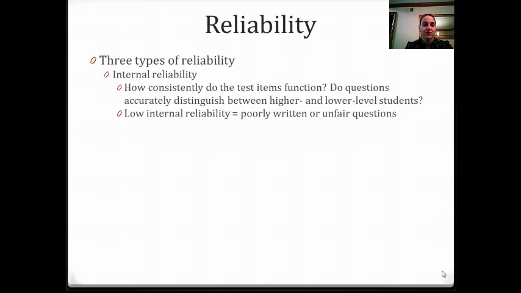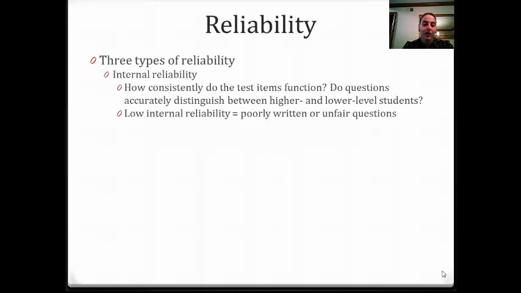So that first way is internal reliability, where you have to think about how consistently the test items function. You've likely encountered poorly written or simply bad questions on a test. Questions that even the most prepared students may not be able to answer correctly. These items lack consistency with other test items that might be better at gauging the student's knowledge.